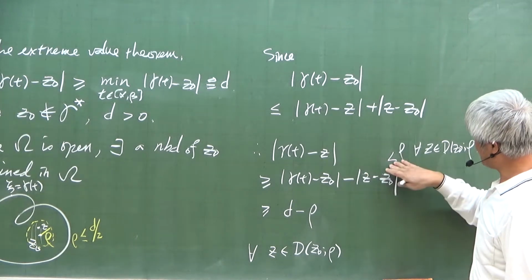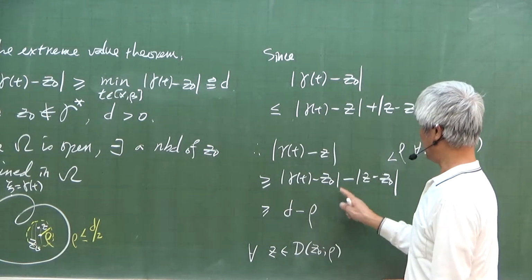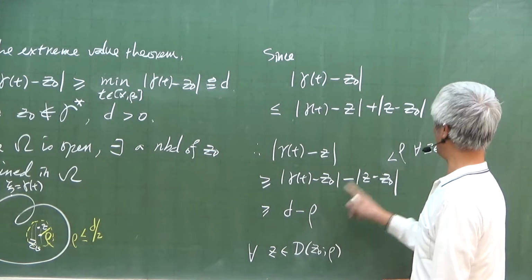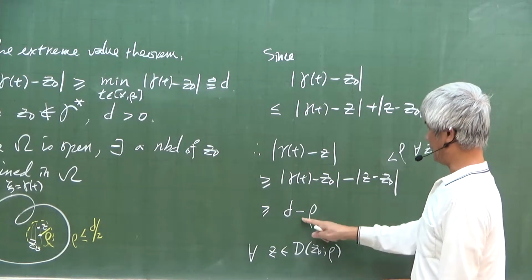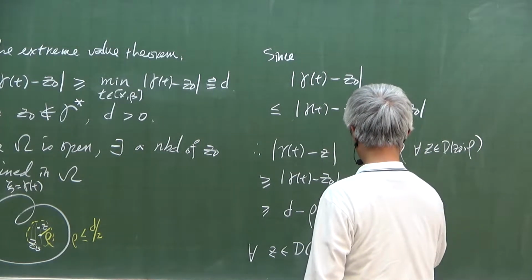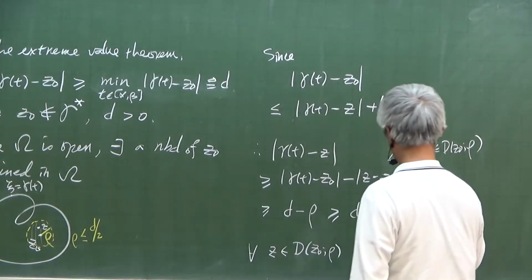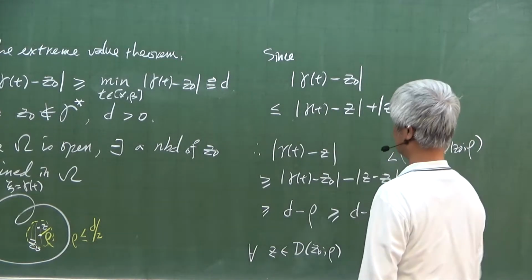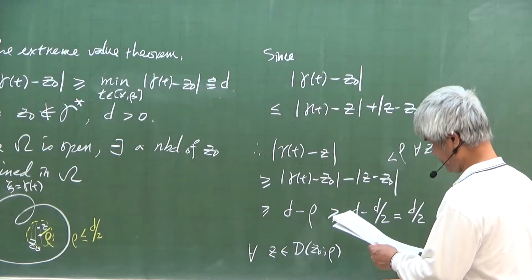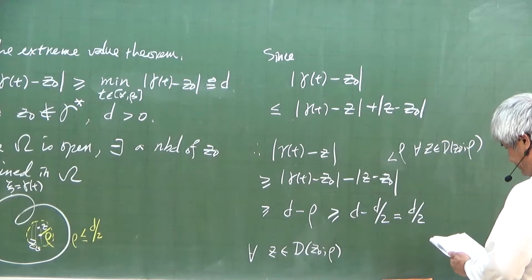So the difference is less than rho, and so we have a lower bound, because rho is bigger than this one, right? And so this is greater than or equal to d minus d divided by 2, because rho is less than or equal to d divided by 2, and so this is d divided by 2, and this is fine. So you see that we have this estimate.